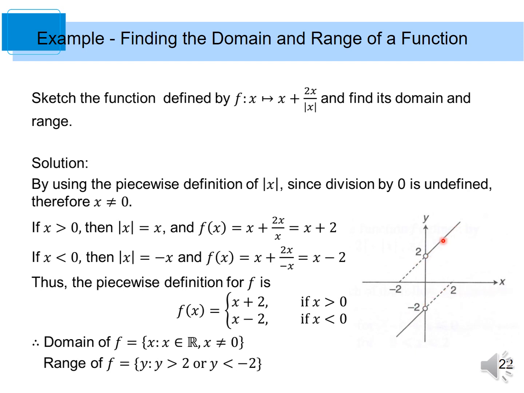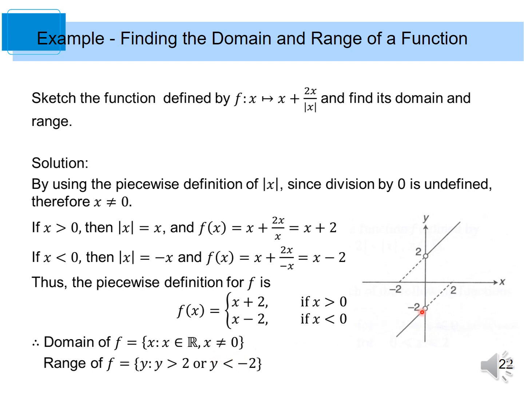And how about at x equal to 0? Here is excluded and here also is excluded. So you can write your domain of this function: x is an element of all real numbers, but x is not equal to 0.